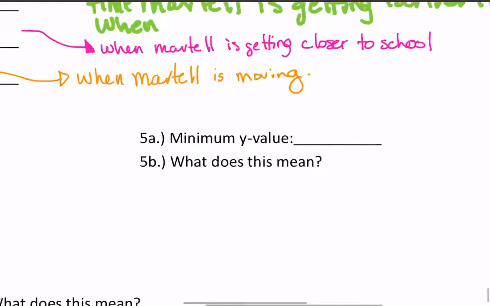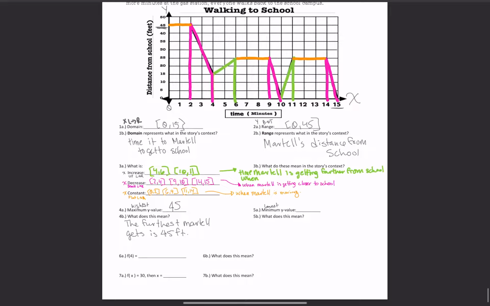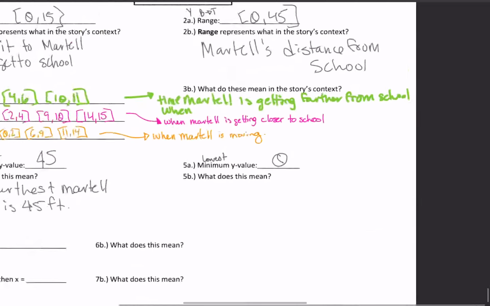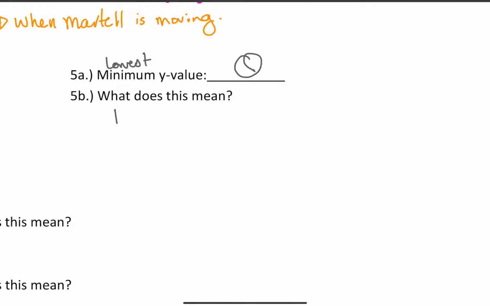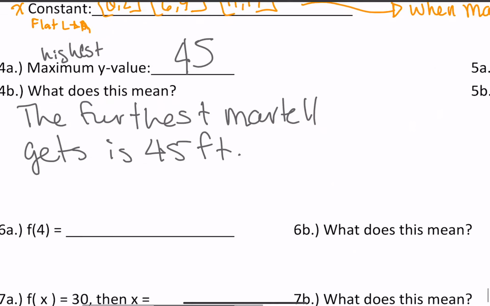The minimum is the lowest y value. The lowest y value is right here, that's 0. So this is the closest Martel gets, and if it's the closest, this technically means he's at school. And the furthest that Martel was is when he was at home.